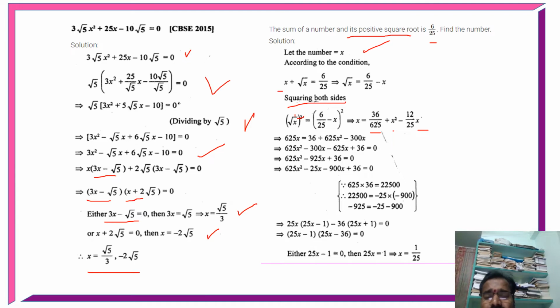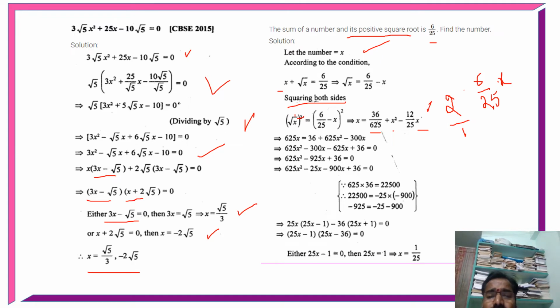Plus b square means x square, minus 2ab, which is 2 into 6/25 into x, that is 12/25 x.